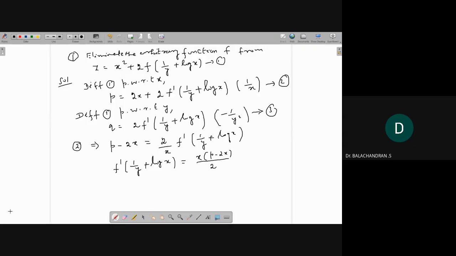Similarly, from equation 3, f dash of 1 by y plus log x is equal to minus y square q divided by 2.